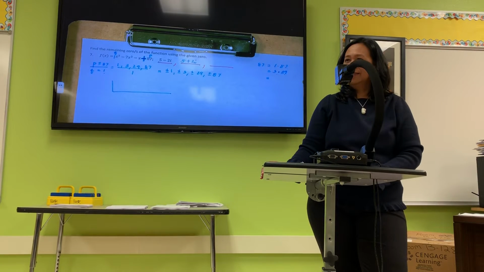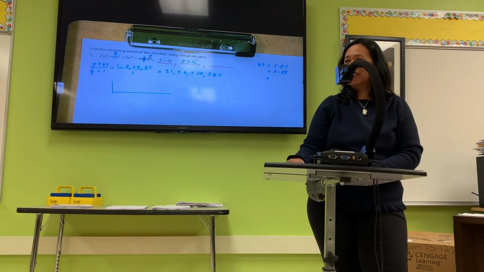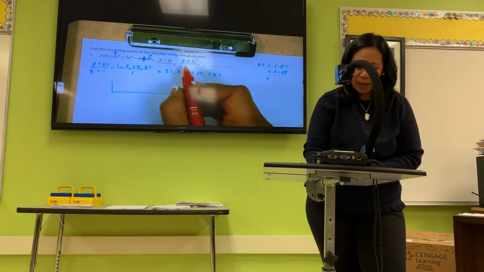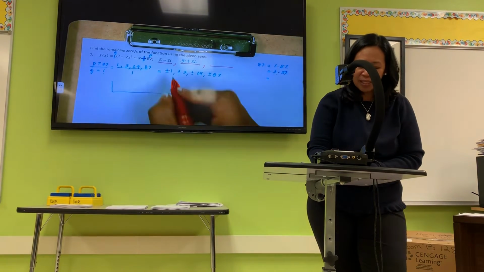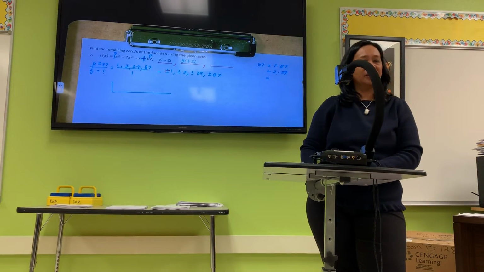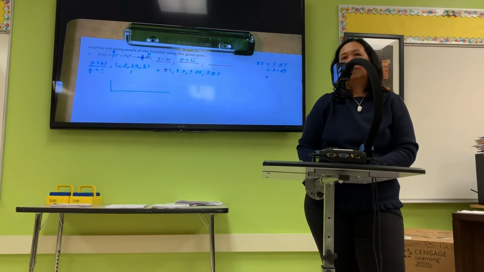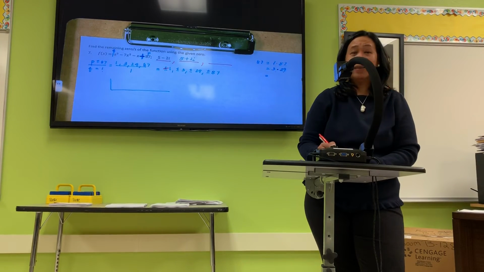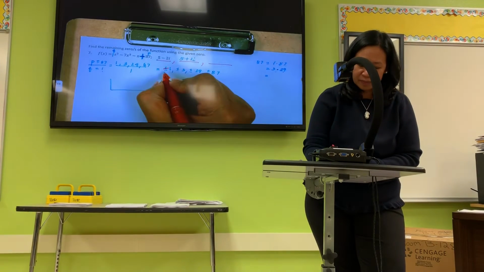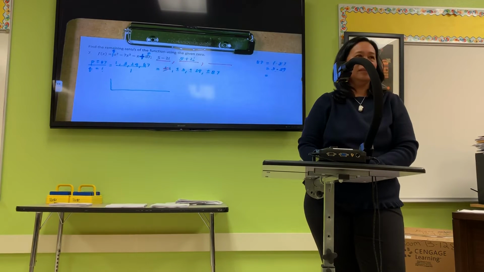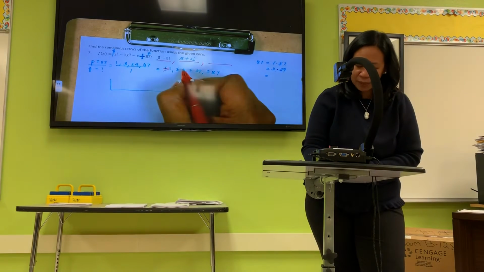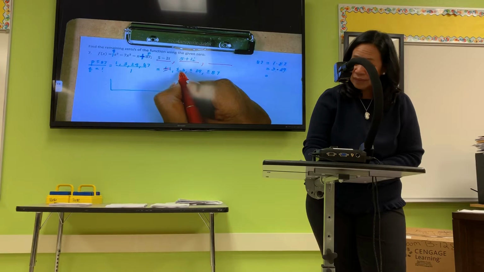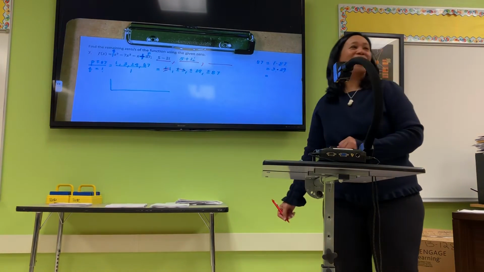Positive 1 what? Okay, positive 1 will work, so I'm just going to mark it so I know which ones you called already. Negative 1 won't work. It's not positive 3? Negative 3, it is. Yes, we found it already.